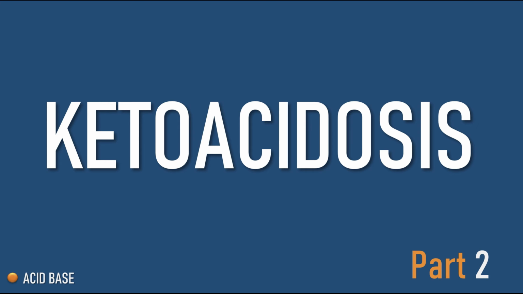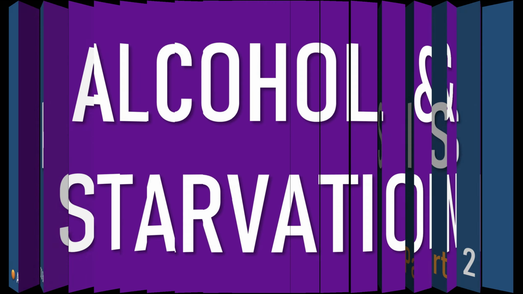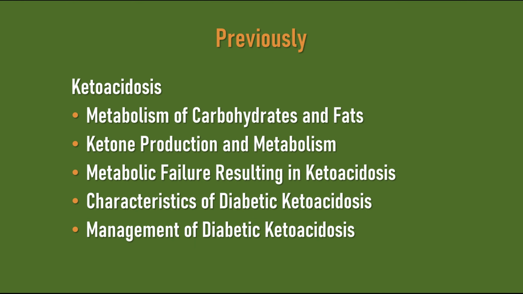Ketoacidosis, Part 2. This tutorial is on the topic of alcohol and starvation ketoacidosis. In the previous tutorial, I introduced ketoacidosis and discussed the metabolism of carbohydrates and fats and how ketones are produced and metabolized. I explained that when you come across a patient with ketoacidosis, this reflects broad metabolic failure.